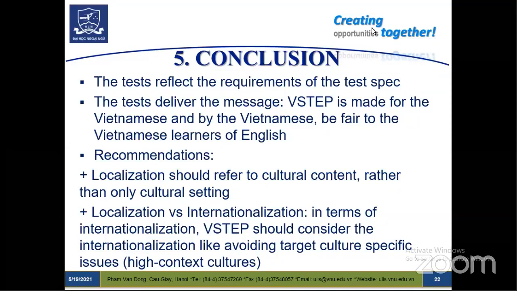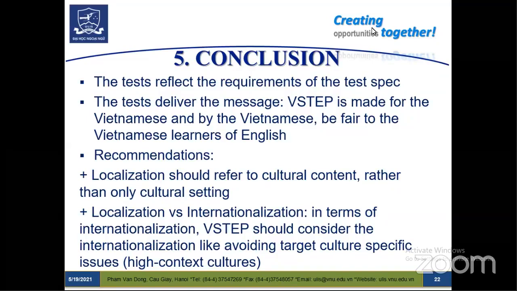If we can make some recommendations, we think that localization should refer to cultural content rather than only cultural setting. So if possible in the future for test design, item writers should add more cultural content to part 1, for example, not only the cultural setting.